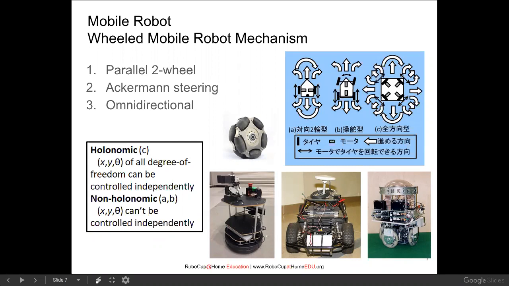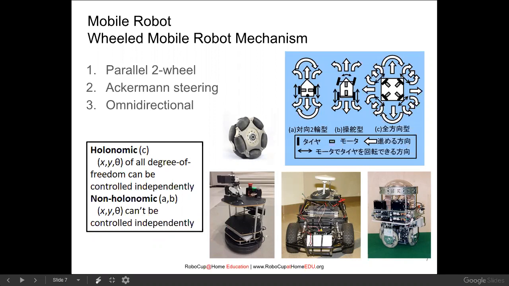Okay, so for this concept, in mathematics, we try to explain it in this form. For example, you can see we have written holonomic or non-holonomic design. The difference is this: for the robot movement in the 2D plane, you will have x, y, and theta. X, y, and theta mean how to move in the x direction, how to move in the y direction, and how to move in a different orientation.